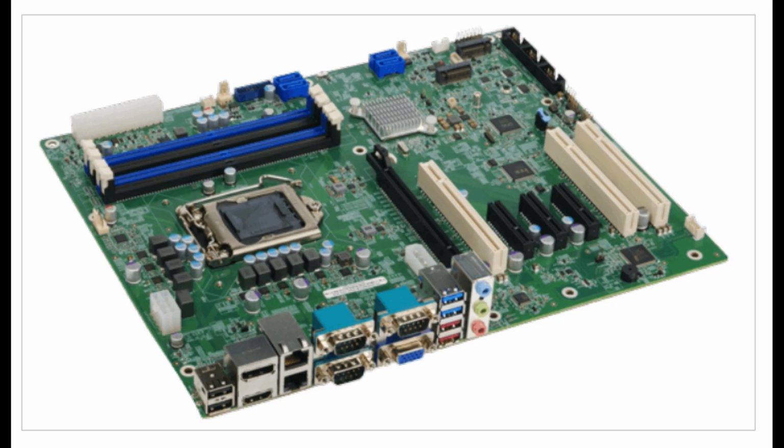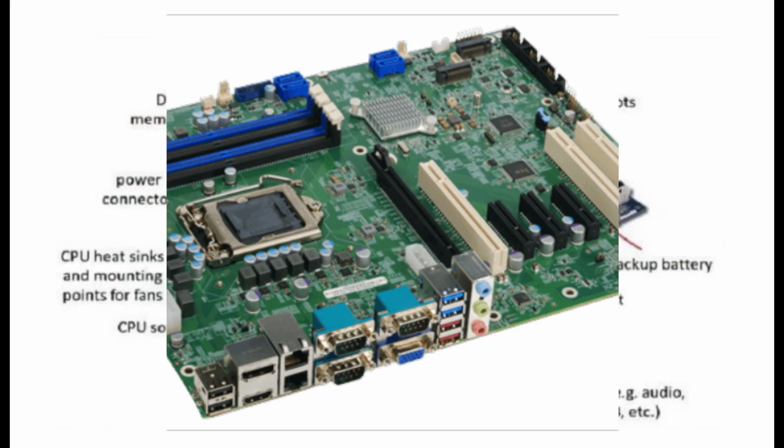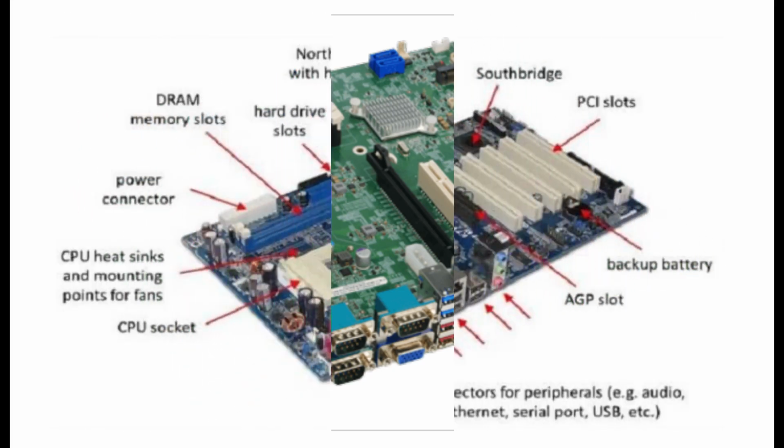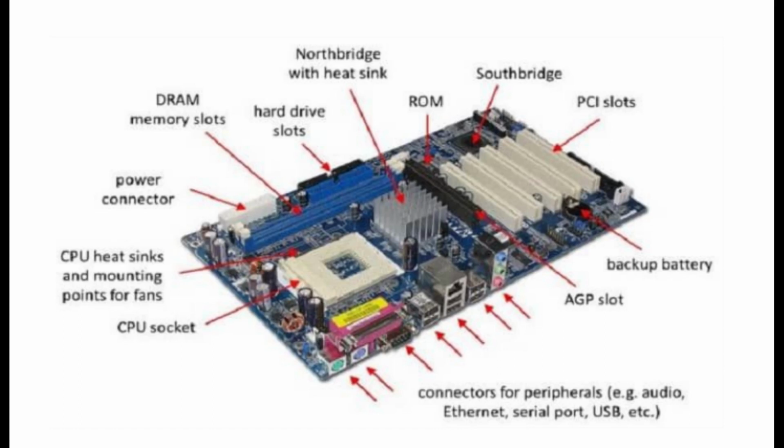3. Micro ATX motherboard. The length and width of these motherboards, measured in millimeters, are also 244 millimeters. Size metrics will differ as per the manufacturer. This motherboard has fewer ports and slots than the standard ATX board.